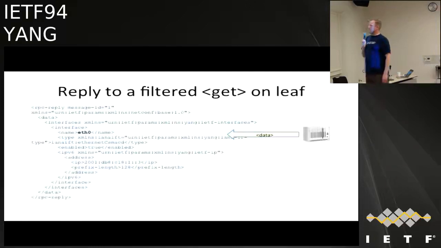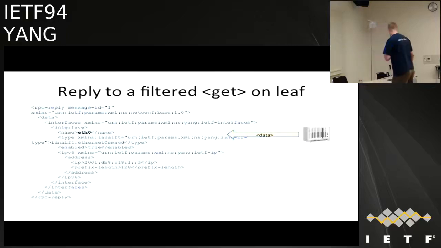And if we do it on a leaf, you'll get some more data. So in this case, the full or the deep response also includes, of course, everything that's under ETH0. Okay, so that's that about get config and filtering.